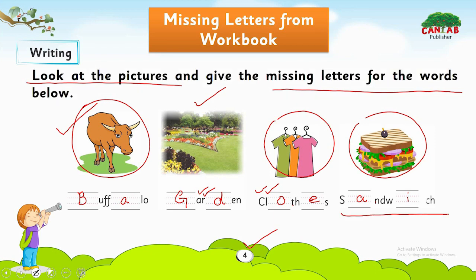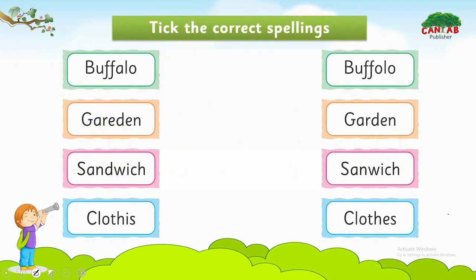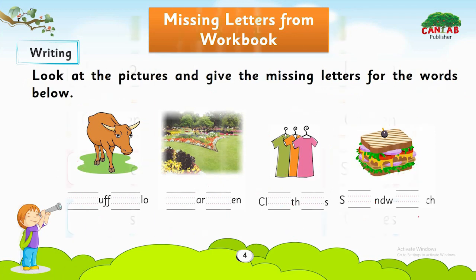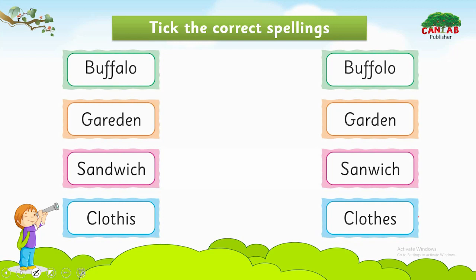In the next slide, now we have to select the correct spellings. You have previously done the buffalo, garden, clothes and sandwich. Now the same words are given in a manner that some of them are wrong and some of them are accurate. Which spelling of these two is correct? This one or this one?